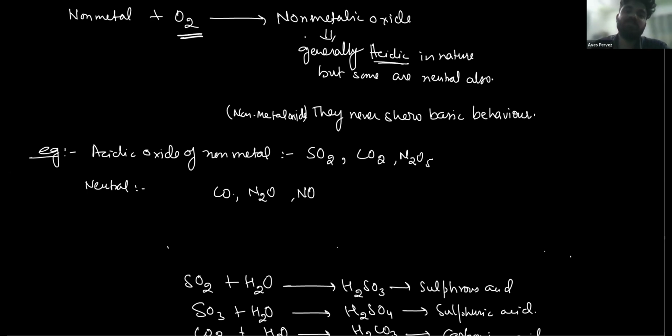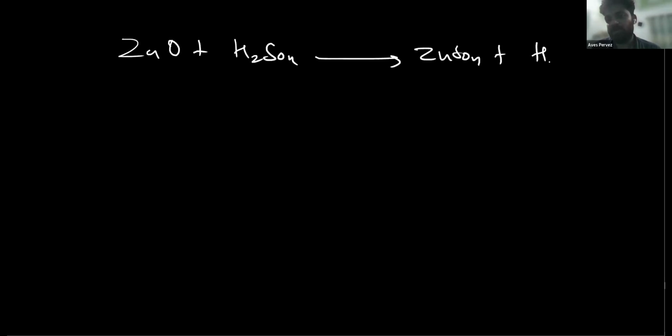Non-metals, when they react with oxygen, form non-metallic oxides. And non-metallic oxides are generally acidic in nature. We studied in the previous class that metal oxides are generally basic in nature, but sometimes they form acidic oxides also. Like ZnO, when it reacts with H2SO4, forms ZnSO4 plus water.